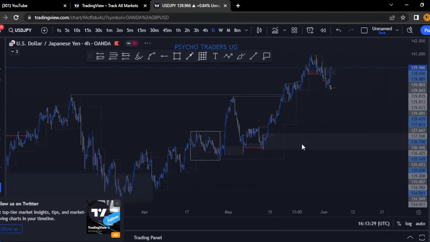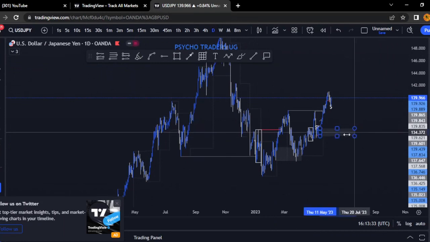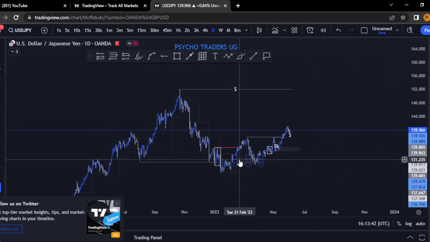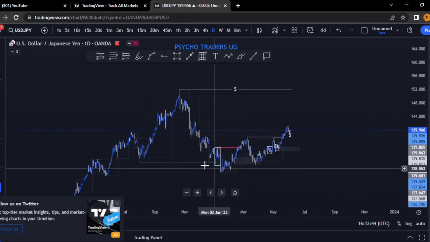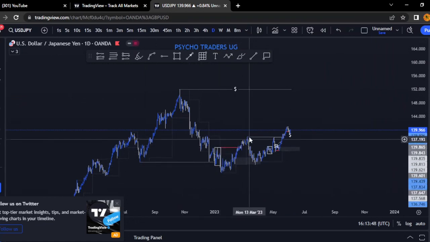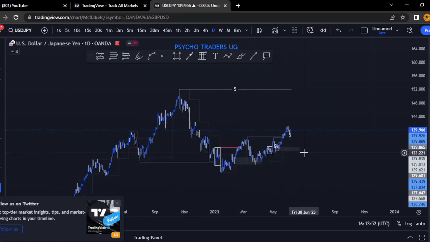So going on the daily, I was looking to buy this beautiful pair because it showed me willingness to buy. Because if you look at this, we had a break to the downside, we got a second break to the downside, but we got a displacement up, came down, reacted perfectly, we followed this up, as you guys remember in the other video that I uploaded.